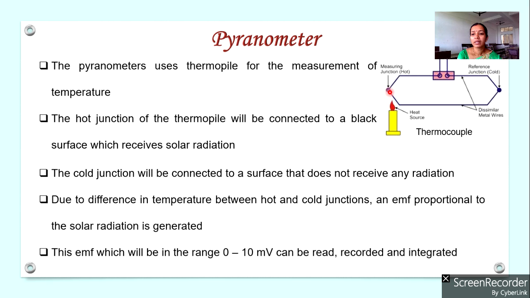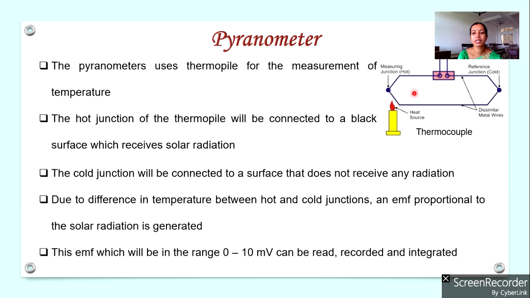Then, depending on the temperature difference between these two junctions, a voltage will be produced, and we can measure that voltage using a voltmeter, and from that voltage we can find out the unknown temperature. This voltage will be calibrated in terms of the unknown temperature. So by measuring this voltage, we can find out the value of the unknown temperature.